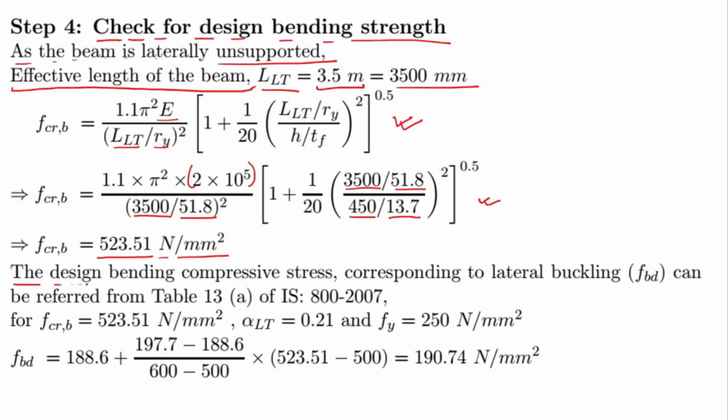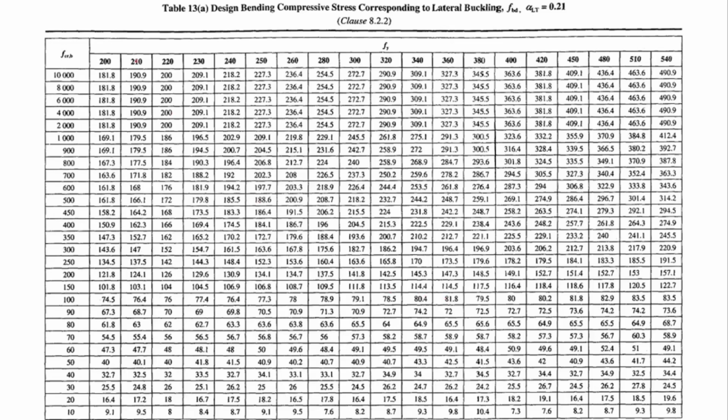Now the design bending compressive stress corresponding to lateral buckling, fbd, can be referred from table 13A of IS 800:2007. If you see table 13A, which gives the design bending compressive stress corresponding to lateral buckling fbd, alpha LT equal 0.21.